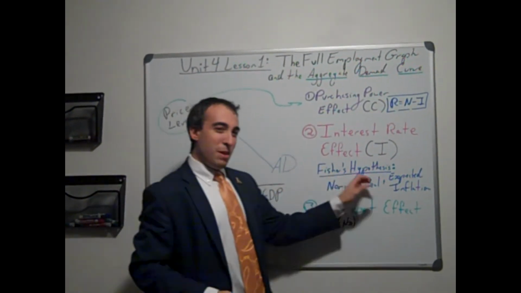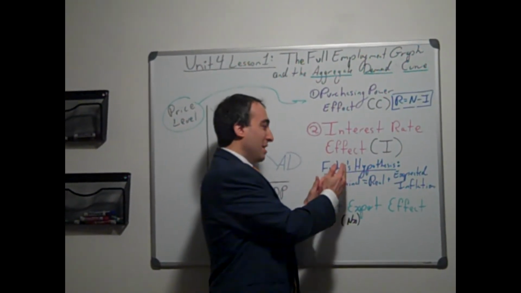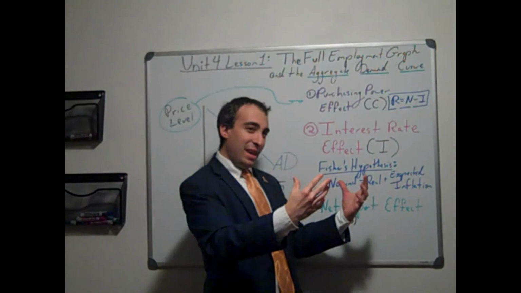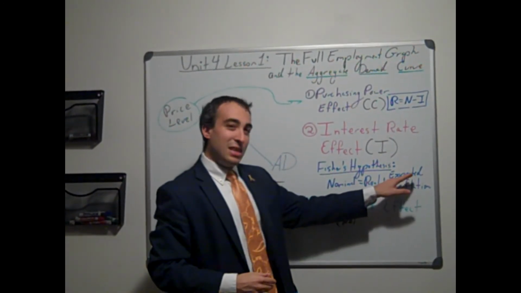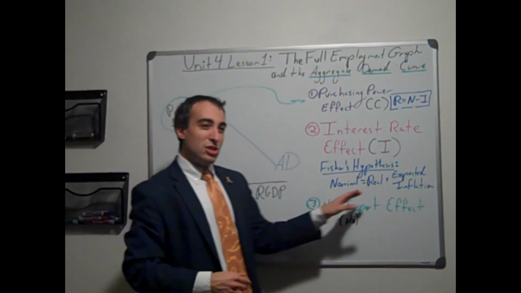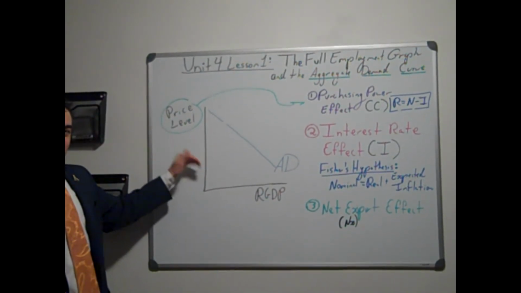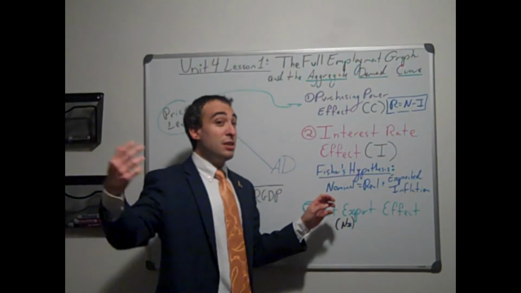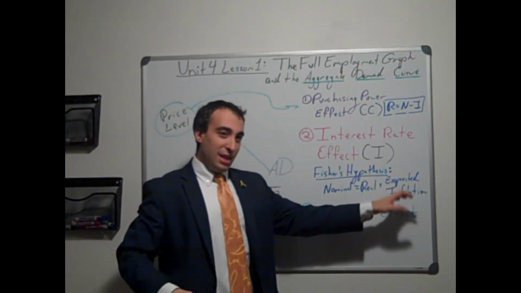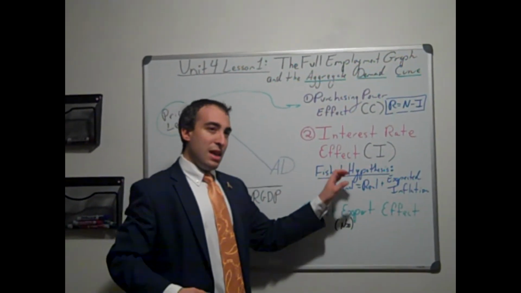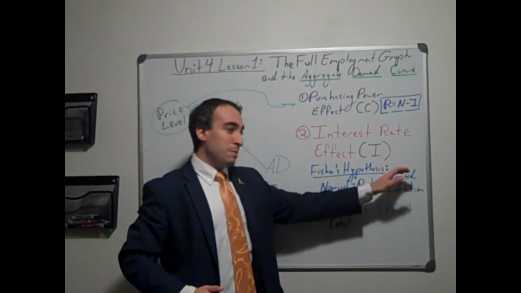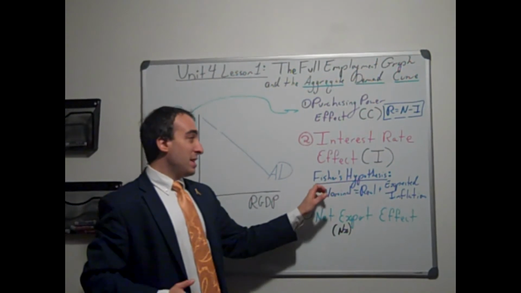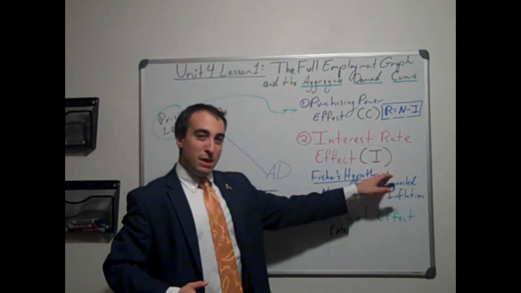So Fisher's hypothesis: the nominal rate the bank gives out is built in higher already, anticipating that inflation, the expected inflation. So as the price level rises, banks are going to expect the price level to continue to rise, and the interest rate will rise as well as banks add expected inflation to their current real rate, and this will then discourage investment spending.